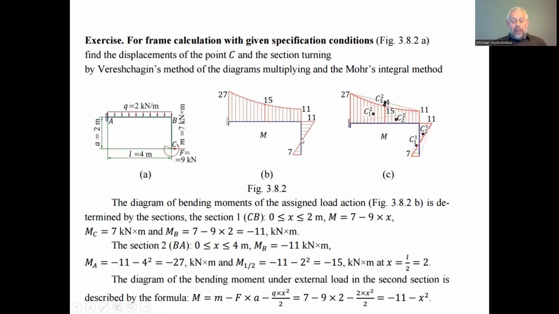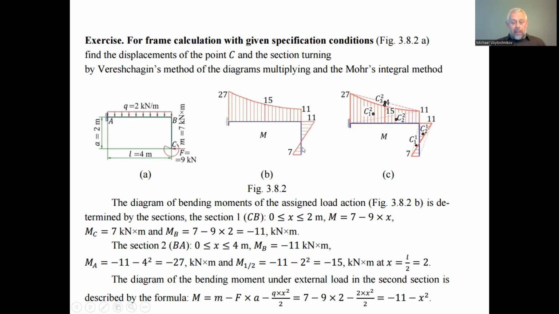For the leg AB, we can find the bending moment on behalf of the action of the distributed load and the moment. At the point B, this rigid corner, the moment is transmitted through this corner, and this is 11, like here we have 11.